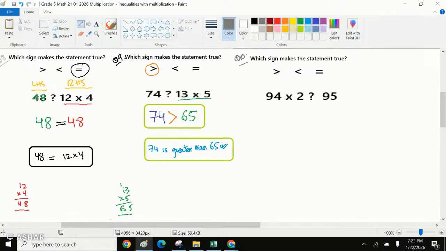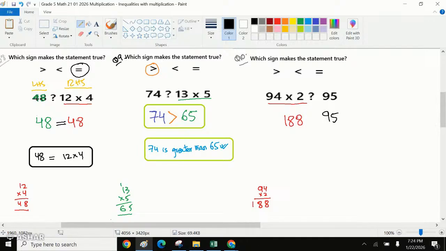So 94 multiplied by 2: 2 times 4 is 8, 9 times 2 is 18. So 94 multiplied by 2 is 188. Can we replace this value with 188? And this value was 95.